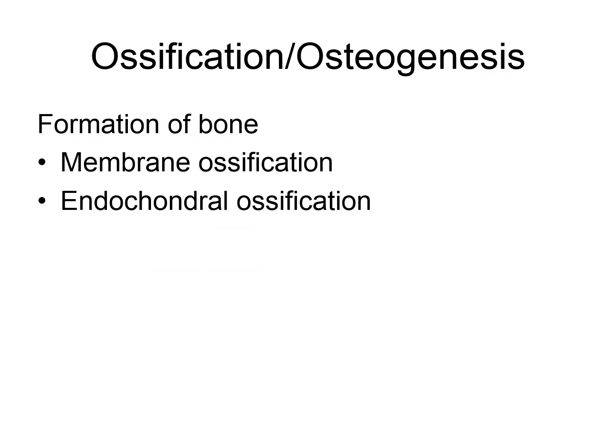Ossification or osteogenesis is the formation of bone. In the fetus during development, bone formation occurs in two patterns called intramembranous or membrane ossification and endochondral ossification. The terms describe the tissue in which bone formation takes place.